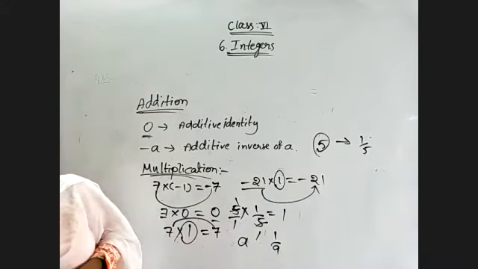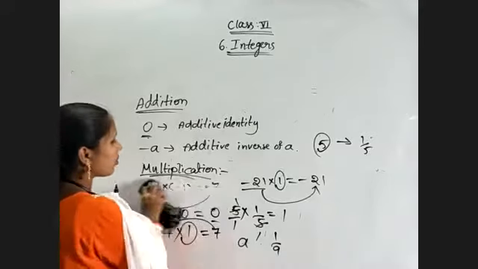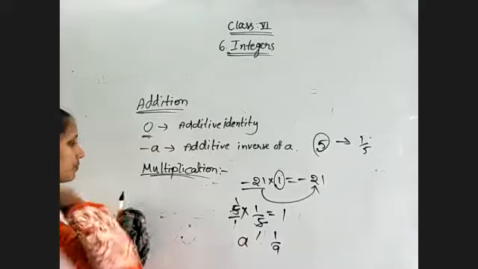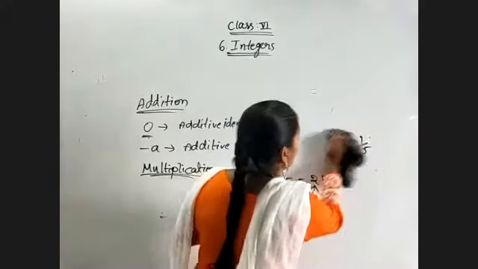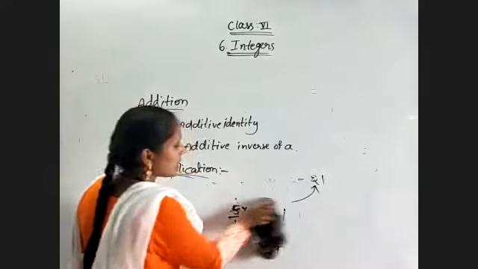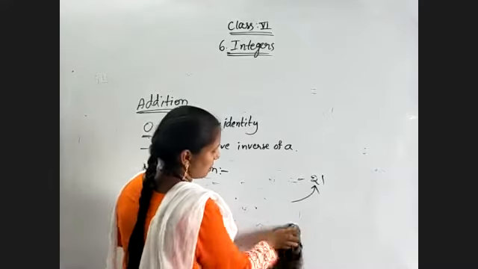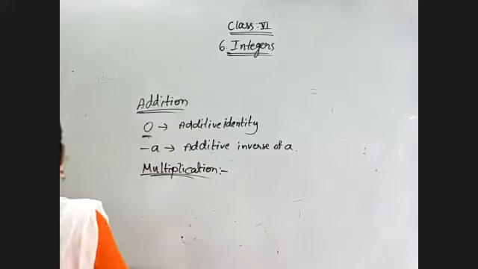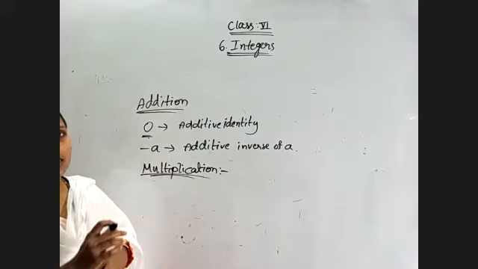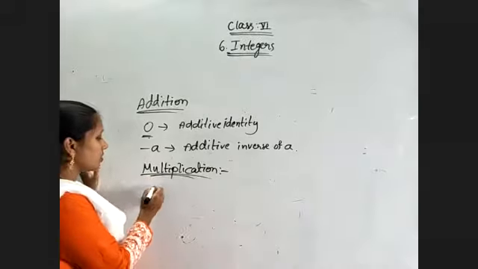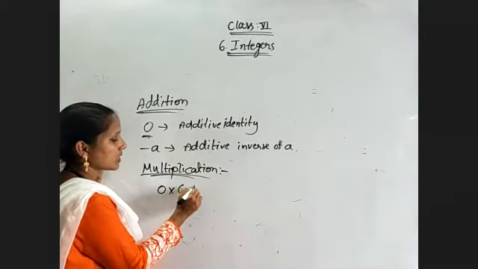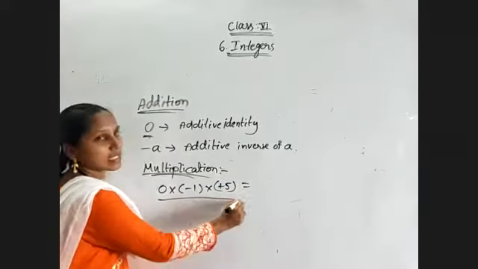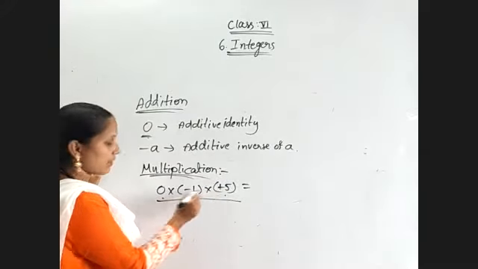Okay, so leave this one now. We just need to remember about the multiplicative identity. One is called the multiplicative identity. And there is no multiplicative inverse for integers. And the product of 0 and any number is always 0. So suppose I have 0 into minus 1 into plus 5. Here I have three integers, 0, minus 1 and plus 5, with the multiplication operation between them.